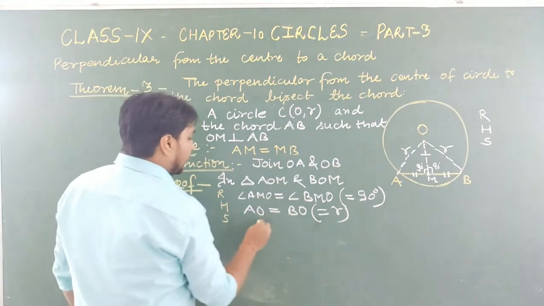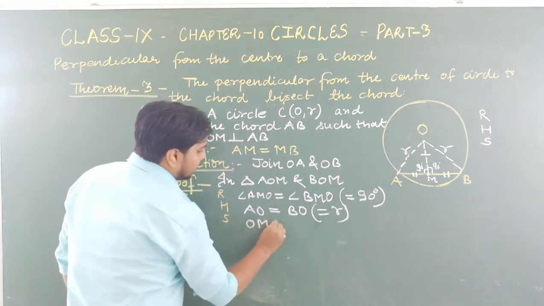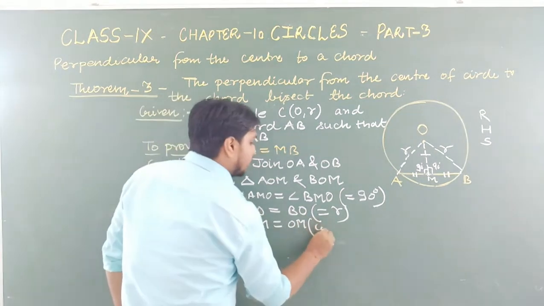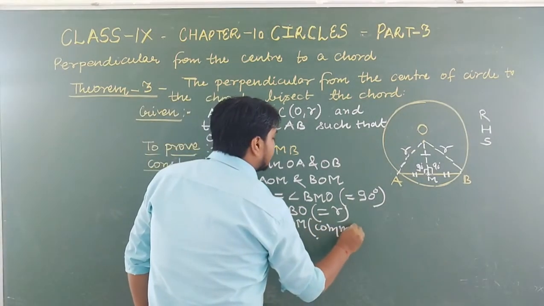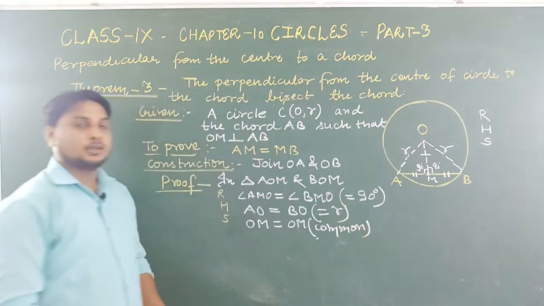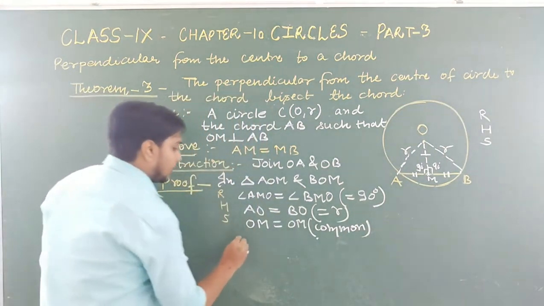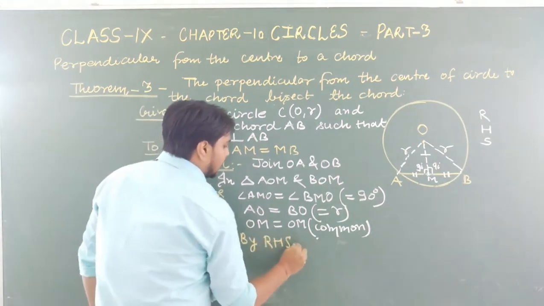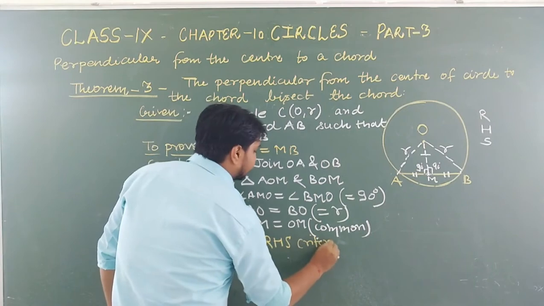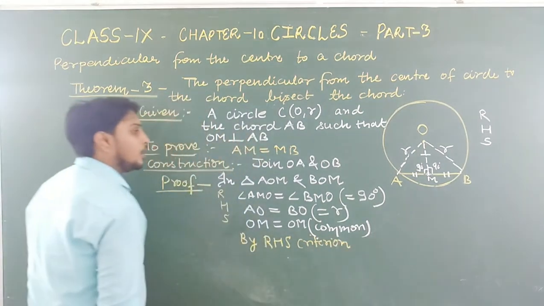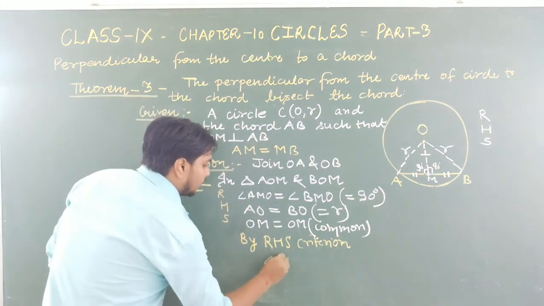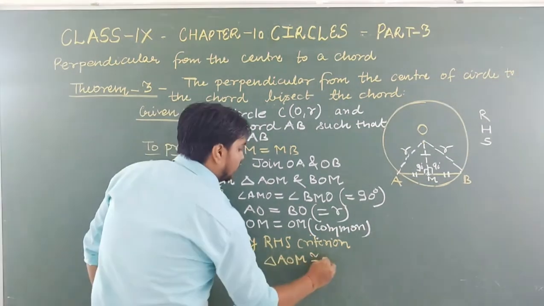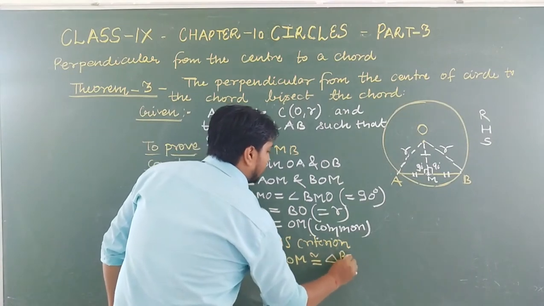The side OM is equal to OM. Why? Because they are common. This side is common for both of the triangles. So students, we can say that by the right angled hypotenuse criterion, triangle AOM is congruent to triangle BOM.